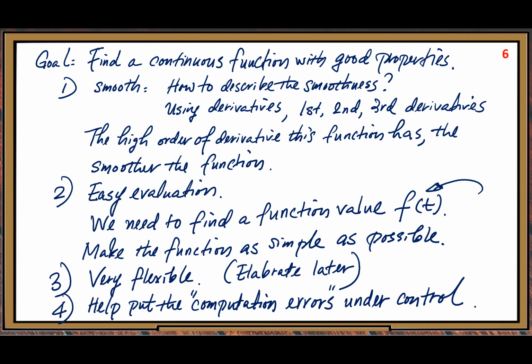Floating point number, double, with certain precision. But no matter how you represent a number in a computer, there is some error. You cannot say your data representation is always precise.